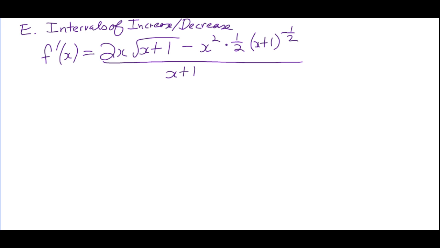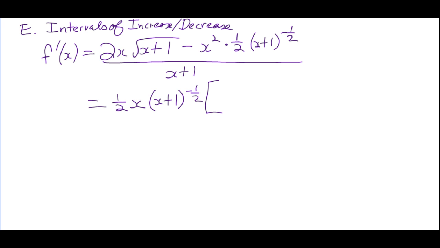All right, so we are going to take out the smallest number. We're going to take out 1/2, right, as a number. And we're going to take out the x plus 1 to the -1/2. Okay, so that's going to be our common factor, and they have an x in common as well. So I'm going to take out a 1/2, an x, and an x plus 1 to the -1/2. Okay, so to get 2x, I'm going to have to multiply 1/2 times 4, right?